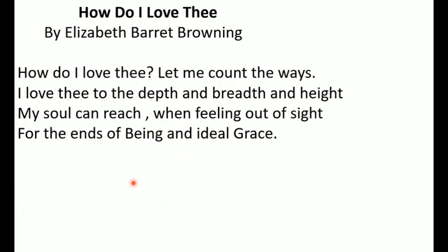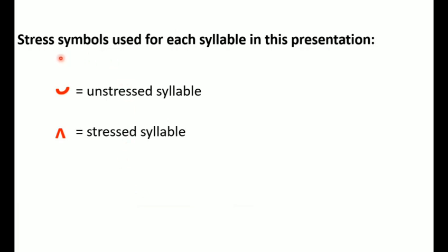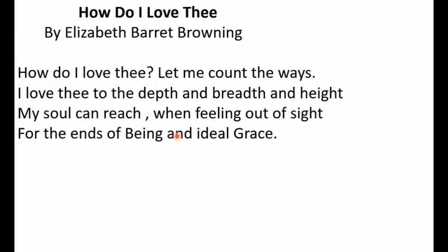And then, here are the stress symbols used in this presentation. This symbol is used to express an unstressed syllable, while this one is used to express a stressed syllable. Okay. Now we are going to apply this in this line.